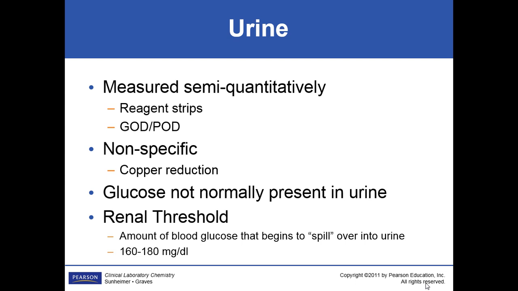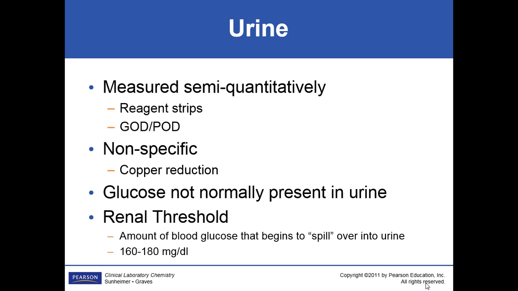And this we will hit again, but normally you don't have glucose in your urine until your blood gets so high that your kidneys can't take care of it like they're supposed to. The excess spills over, and that's a lot of the older terms, and I'll say it, it spilt over.